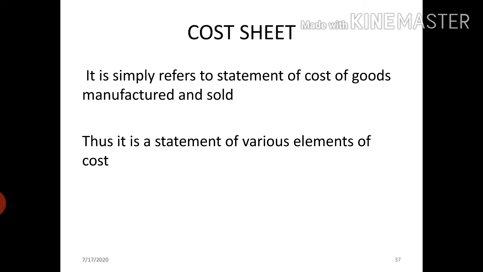Then only we can understand how much cost is involved for the production. So this cost sheet is a statement prepared to show the various elements and divisions of cost. Thus it is a statement of various elements of cost. We will discuss elements of cost in detail later.